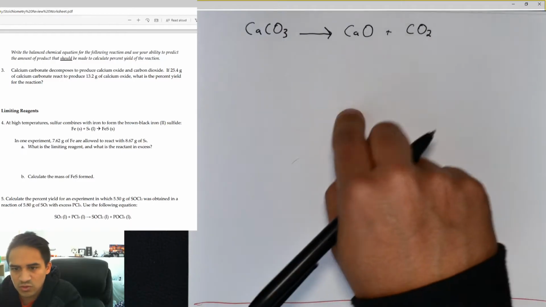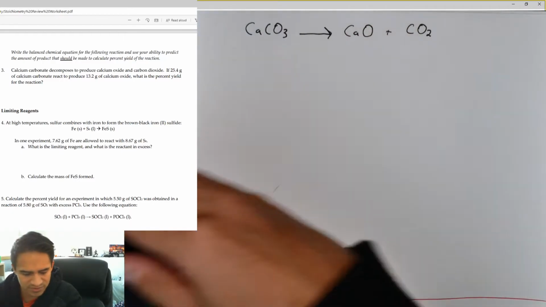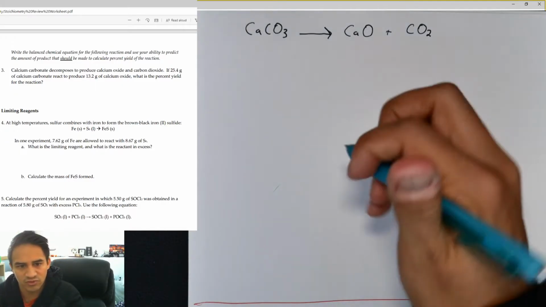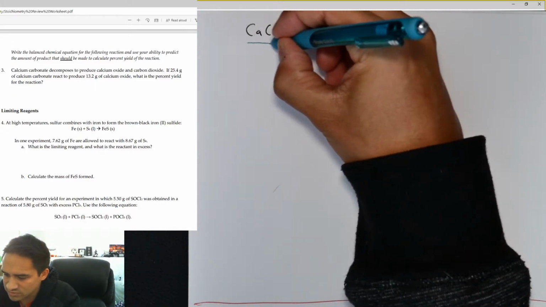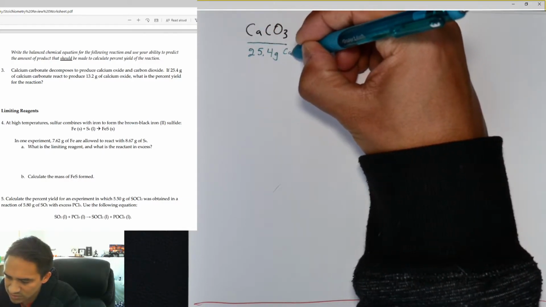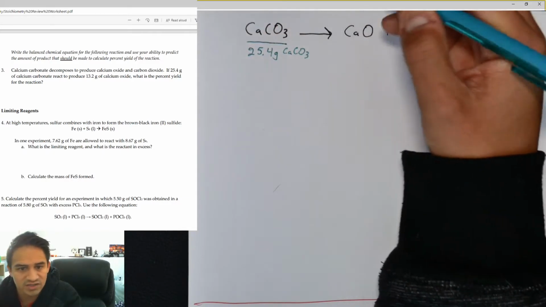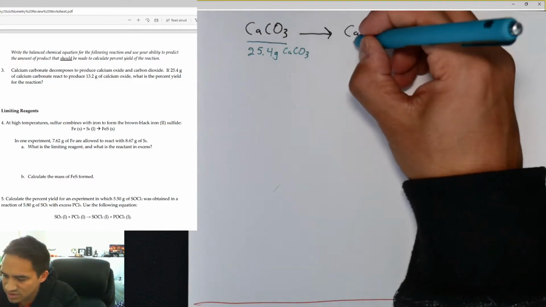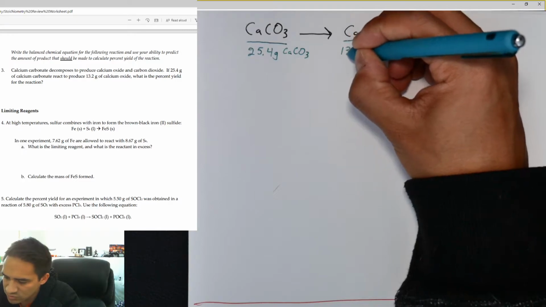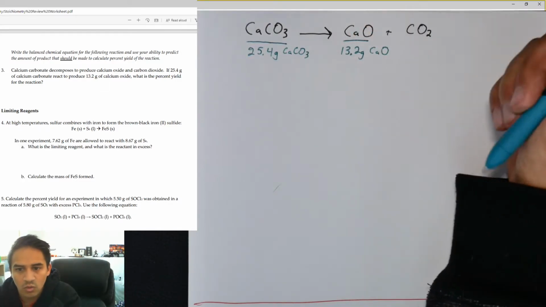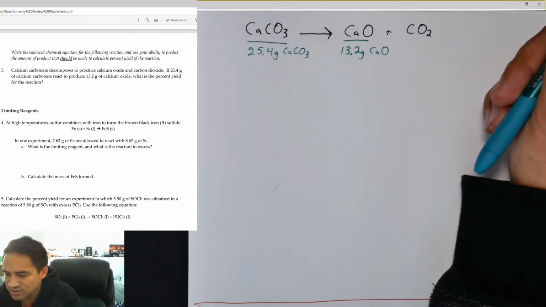And it says if 25.4 grams of calcium carbonate, okay, so we have 25.4 grams of calcium carbonate react to produce 13.2 grams of calcium oxide. So 13.2 grams of calcium oxide here. What is the percent yield for the reaction?